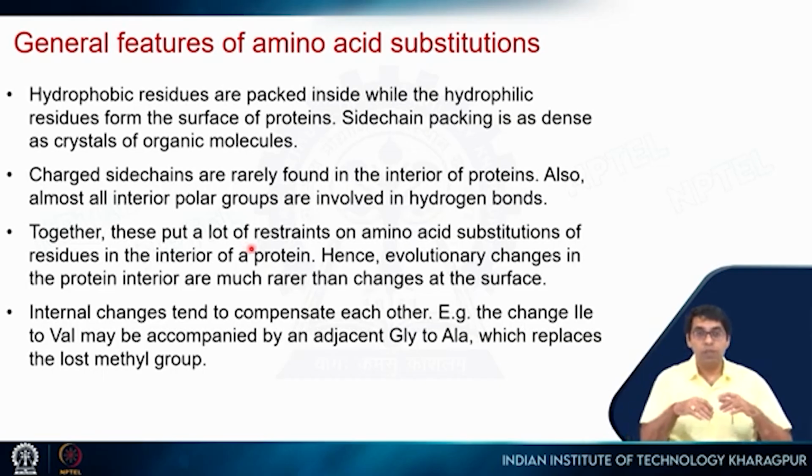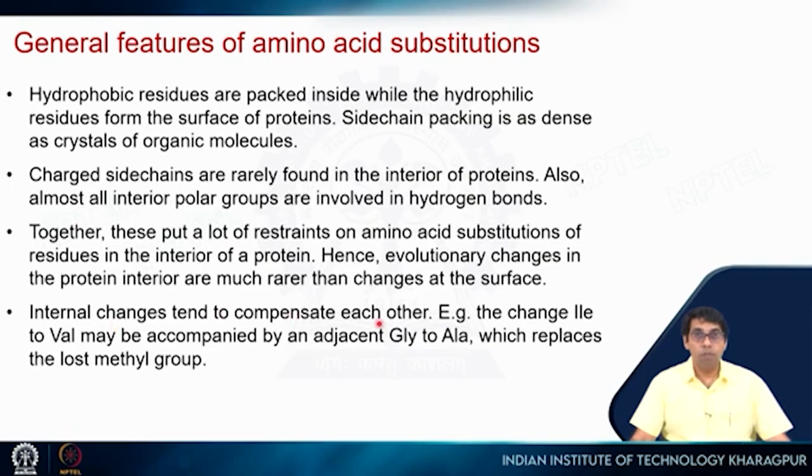So any charged group will be happy on the surface. So surface residues will mutate more frequently compared to the core residues that are present in the interior of a protein. So evolutionary changes in the protein interior are much rarer than changes at the surface.